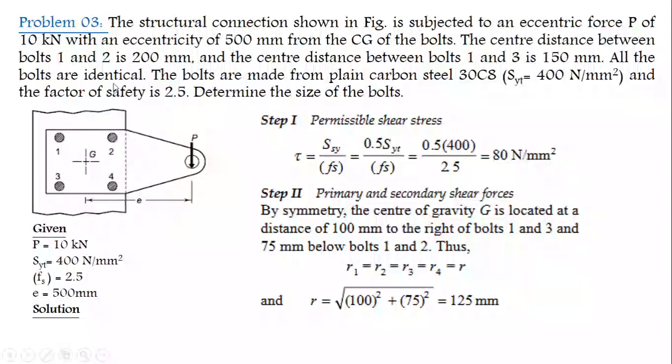All the bolts are identical. The bolts are made from plain carbon steel 30C8. Yield strength of this bolt is 400 Newton per millimeter squared, and the factor of safety is 2.5. Determine the size of the bolt.